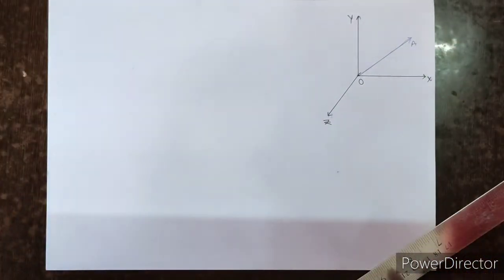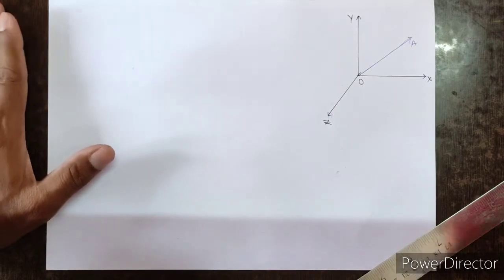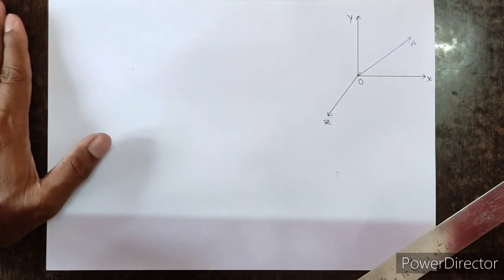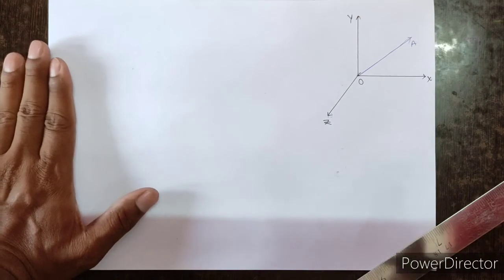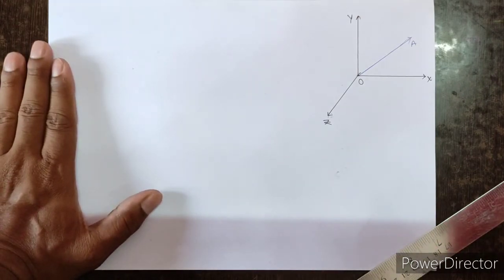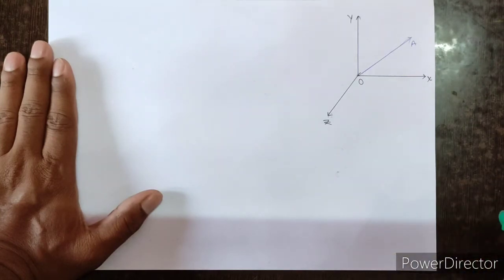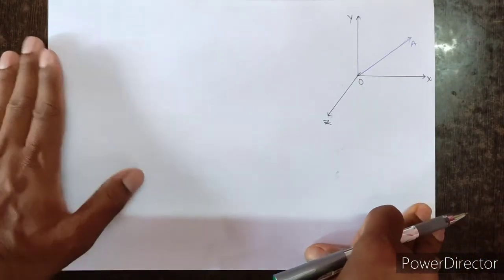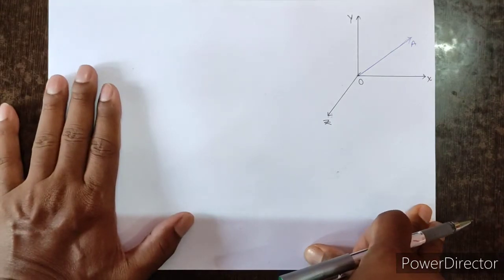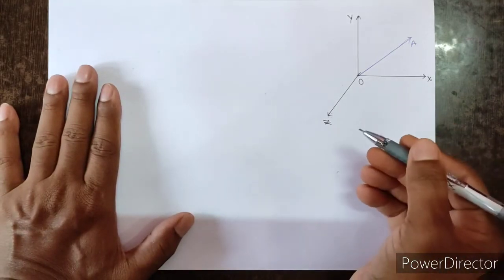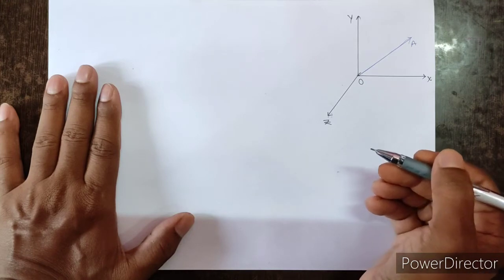This OA line is passing through the origin, and of course OA ray. This OA ray passing through the origin and OA ray makes angles alpha, beta, gamma with coordinate axes x, y, z axis respectively.